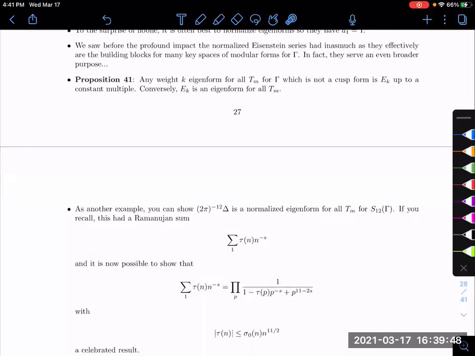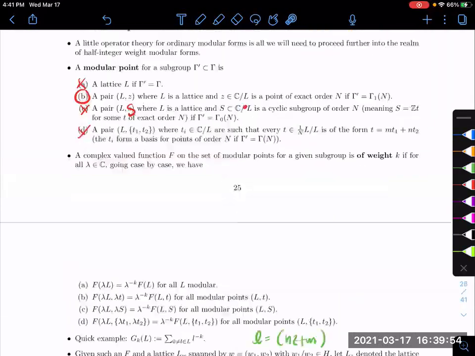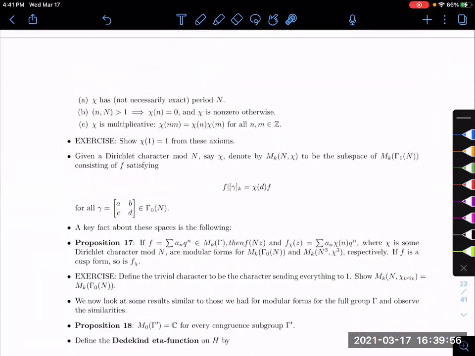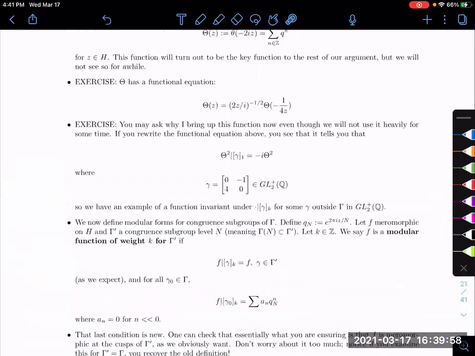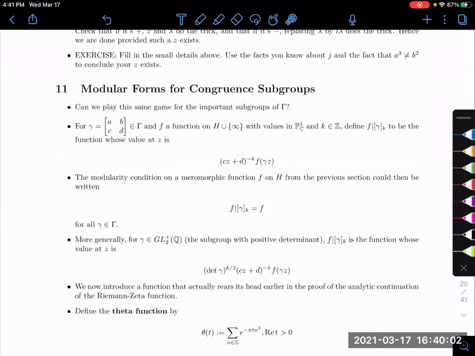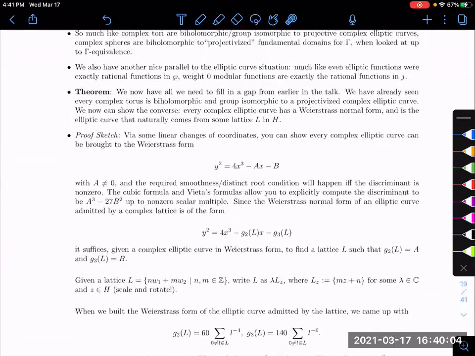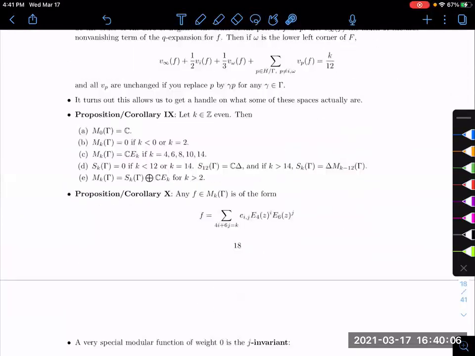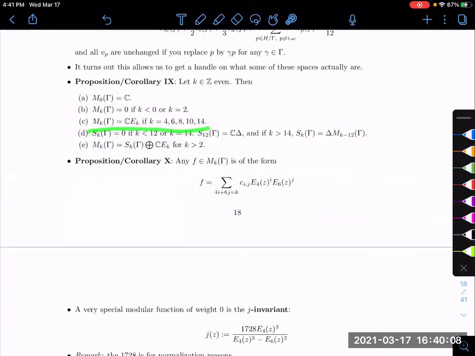Okay, so these guys, if you remember, what did I write about the normalized Eisenstein series before? Let me just go back up really quick. They were very powerfully contributing to the structure of certain spaces of modular forms before. Let's see, right here. We knew they already generated the entire space of modular forms for the full group SL2Z if k was 4, 6, 8, 10, or 14.